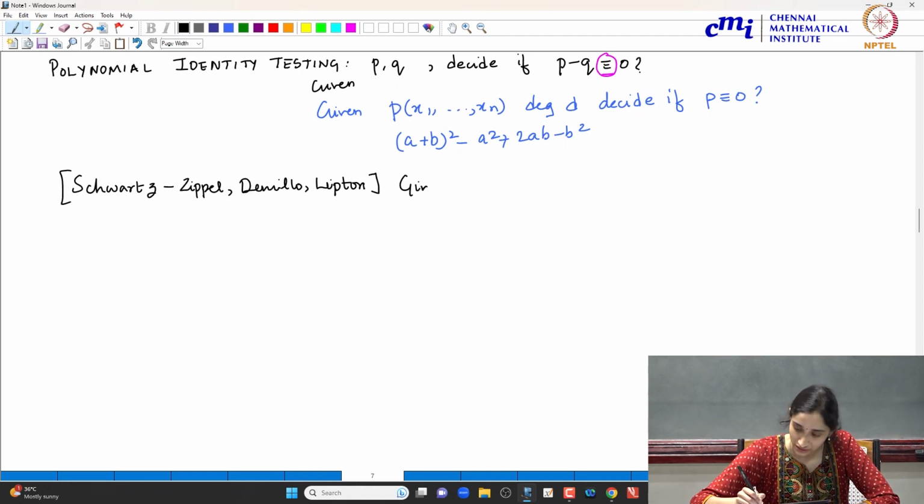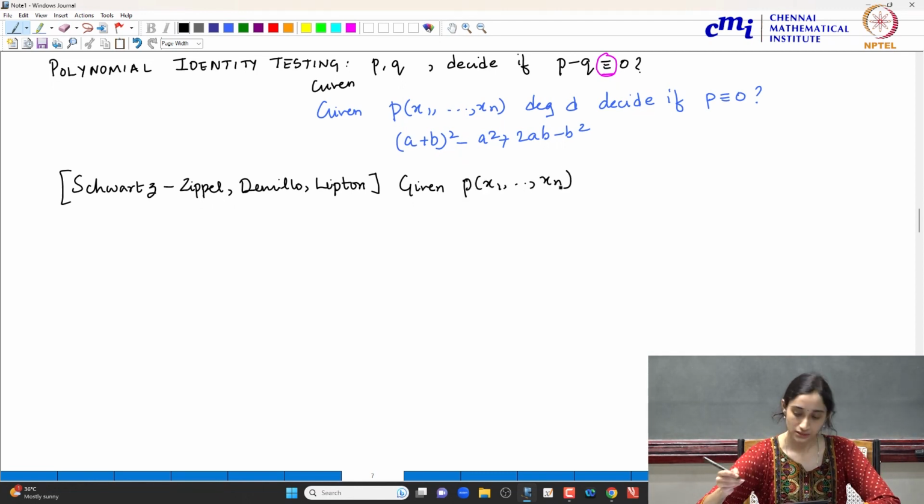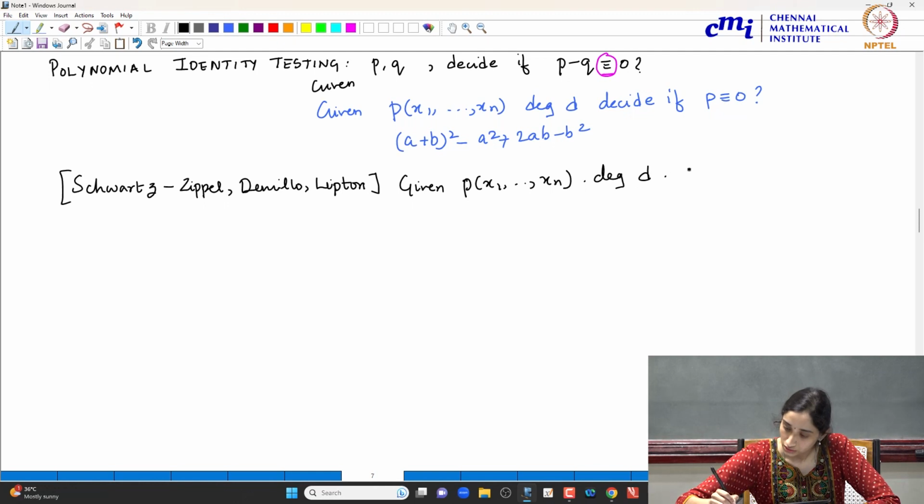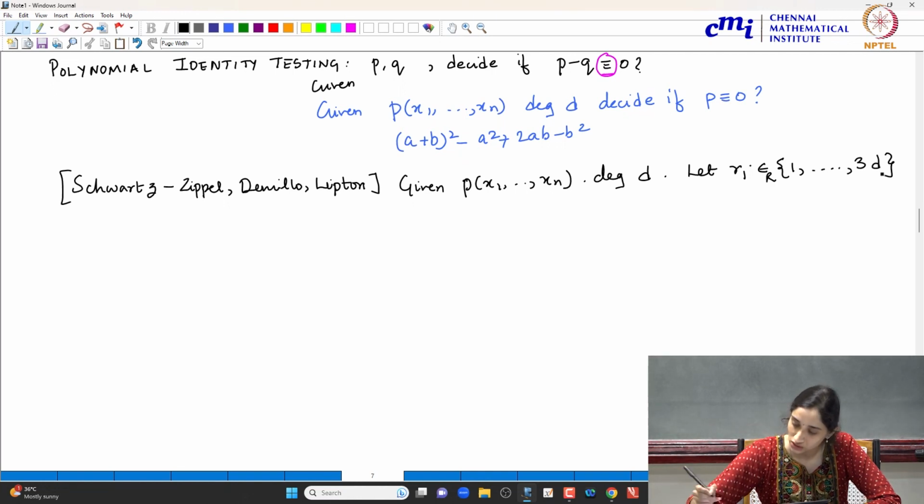You are given a polynomial P of x1 to xn, of degree D. And I'm going to toss coins, or pick uniformly at random from 1 to, let's say, 3D. I think 2D is also sufficient.